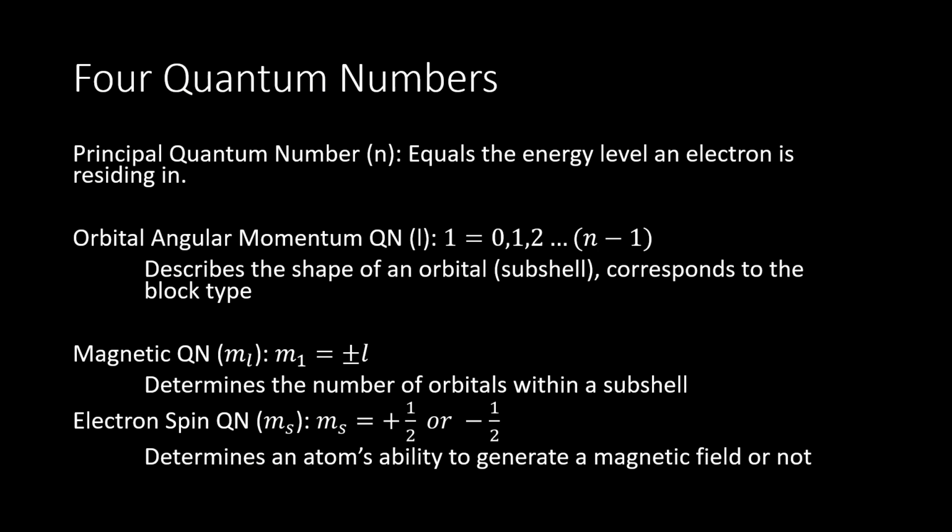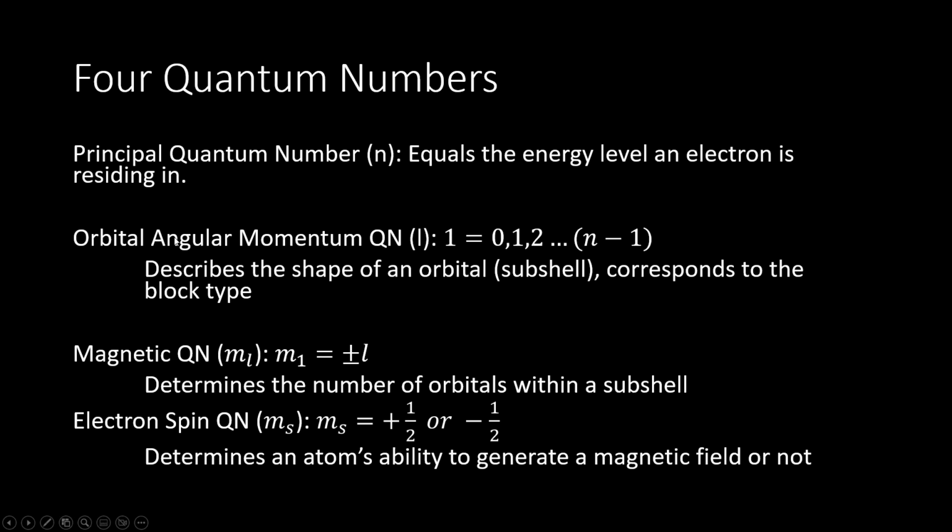For this section, we have something called quantum numbers, and every individual electron in an atom has a unique set of 4 quantum numbers. The first is the principal quantum number. That's represented by n, and that is the energy level an electron is residing in.